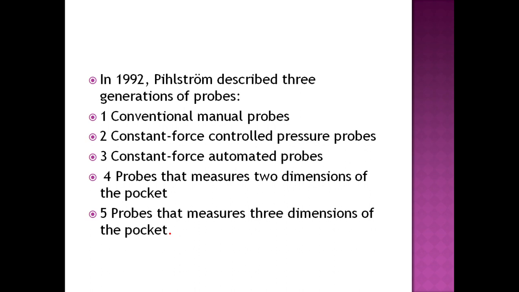These are basically computer automated probes in which we can have digital readout. The digital display of data will be there, computer storage of data will be there. Next is the fourth generation, probe that measures 2 dimensions of the pocket. And fifth generation, the probe that measures the 3 dimensions of pocket.